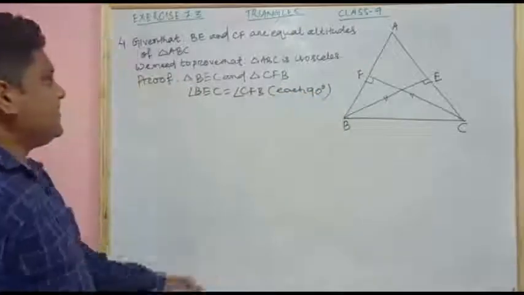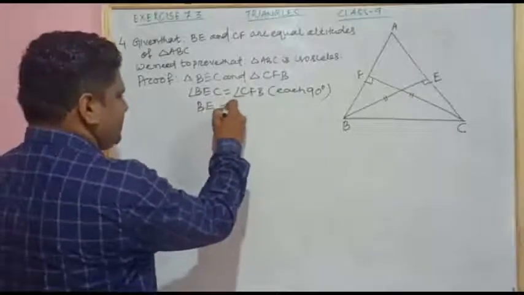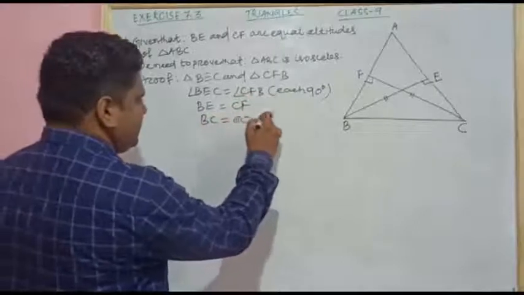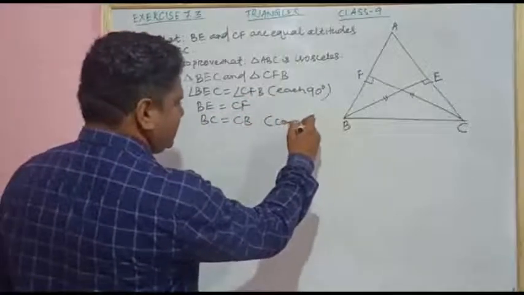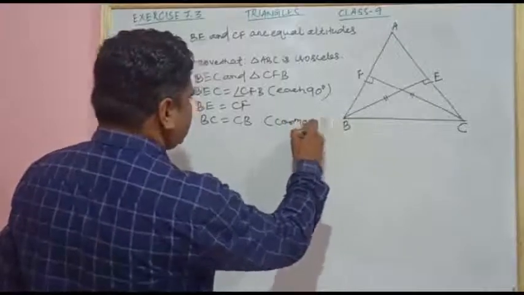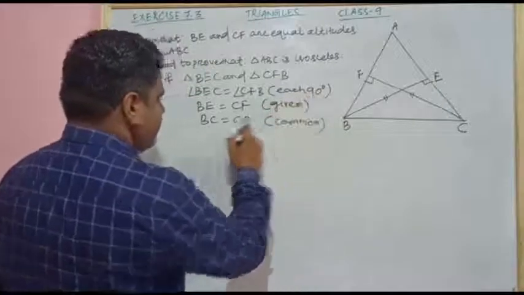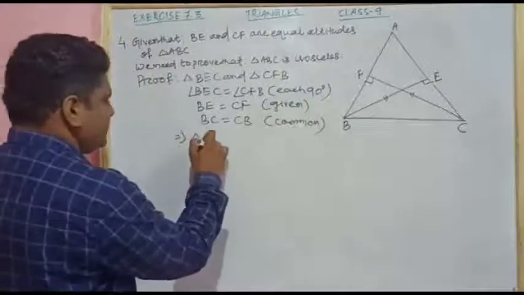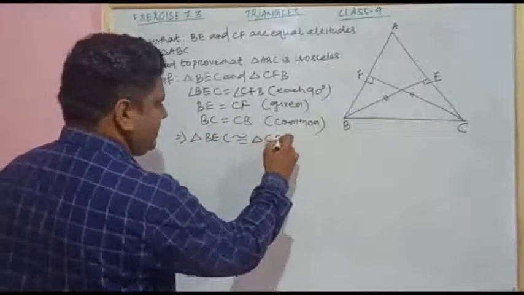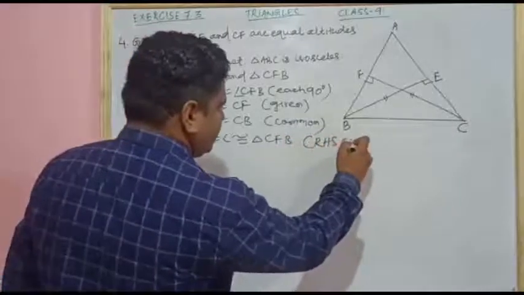Next, it is given that BE is equal to CF, and BC equal to CB, common side. This implies that triangle BEC is congruent to triangle CFB by RHS congruence rule.